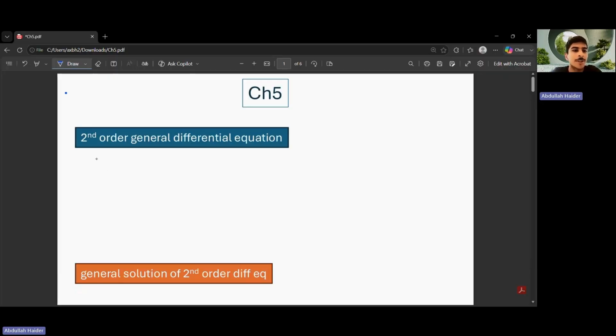So a second order general differential equation is in the form a y double prime plus b y prime plus c y equals a function f(x).